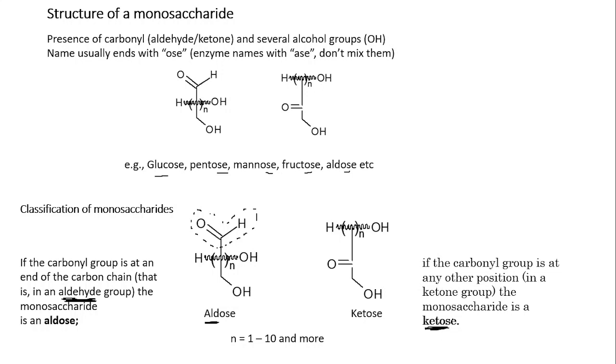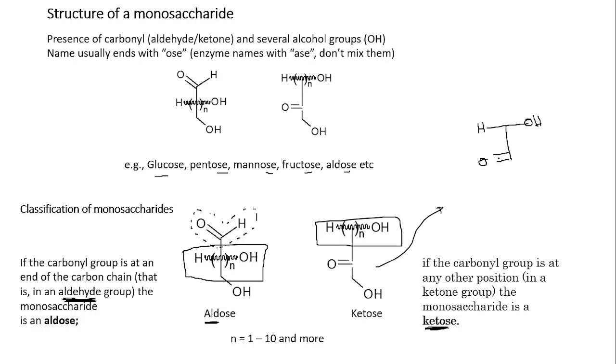In either case, the OH groups that form the chiral centers, for the aldose, it is right here, and for the ketose, it is here. And the carbonyl group is right here. So this structure has a little bit of a problem. How I think it is better to write it is like this: OH on the top, then the carbonyl, and then we write HOH and so on, and we have the OH at the end.